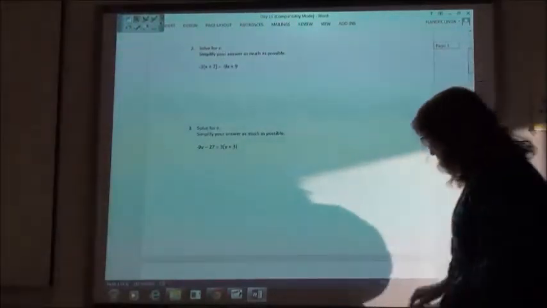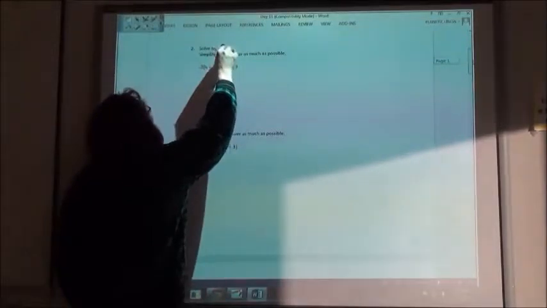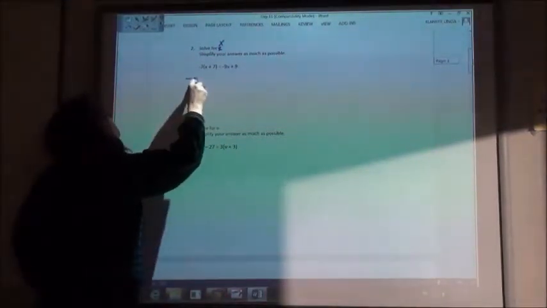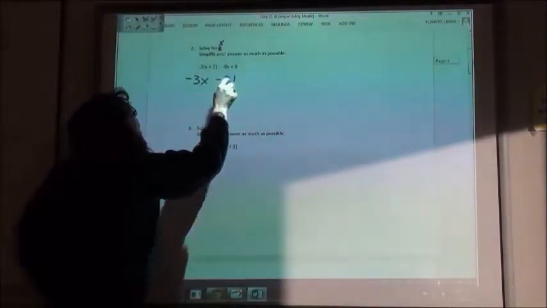So if we simplify there, number 2, we're solving that for x. I don't know why that says v. We're solving it for x. So first thing I'm going to do, my distributive property, I'm going to get rid of the parentheses. So negative 3x plus negative 21. So just minus 21. We don't need plus negative.